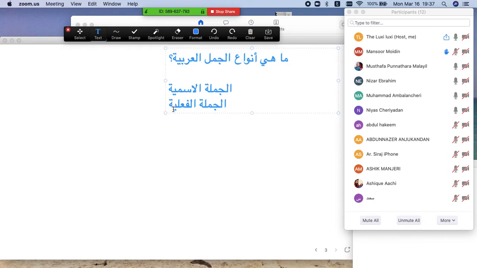Okay, now where it got more problematic is when we were looking at examples of these two types of sentences, which was question number 5. اذكر مثالا لكل نوع.